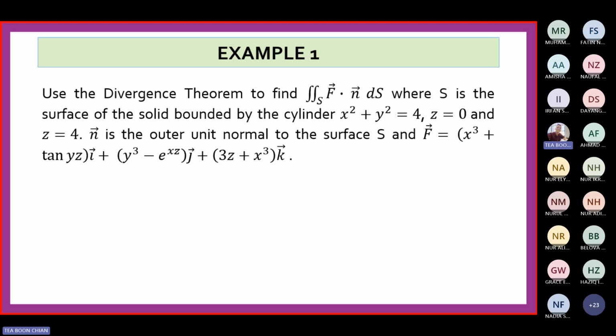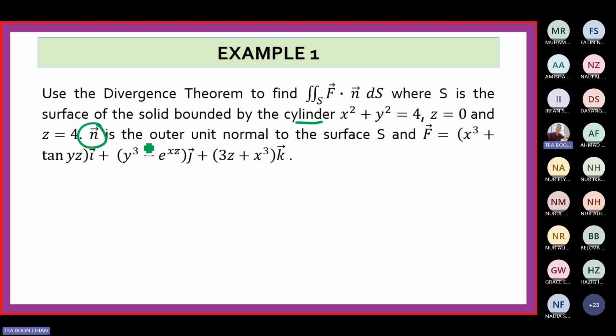Same here: if the question asks you to use the divergence theorem, you evaluate a triple integral, where S is the surface of the solid bounded by the cylinder x squared plus y squared equals 4, z equals 0, and z equals 4.